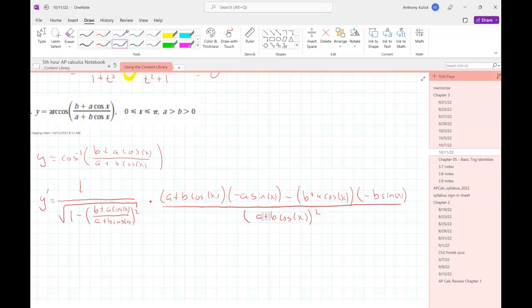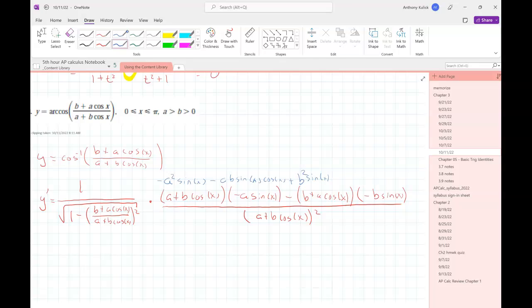If we do that, I get negative a squared sine x minus ab sine x cosine x. And then I'll have minus b squared sine, but it's minus a minus, so plus.